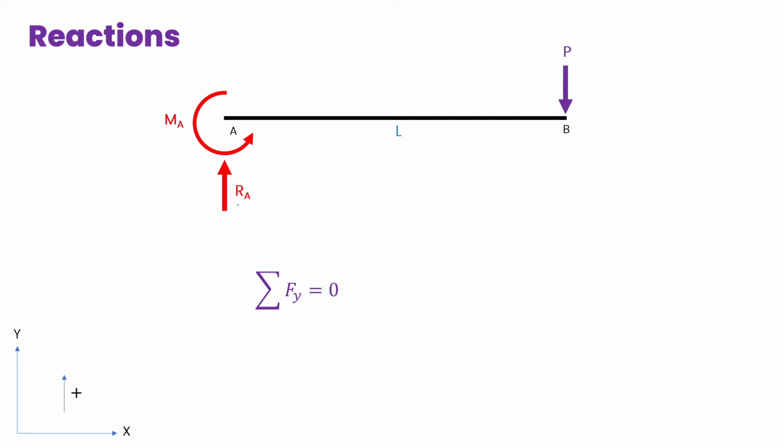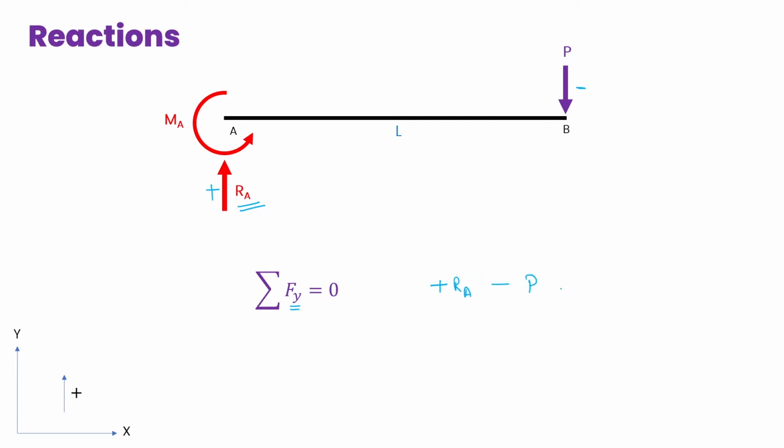So the first force which we see is the Ra, which is acting upwards, hence it is a positive force. There is no other force on this beam except this P, which is acting downwards, and hence it's a negative force. If I try to solve for this equation now, what I can do is simply, on the left hand side, I have plus Ra, which is going upwards, and a downward P.